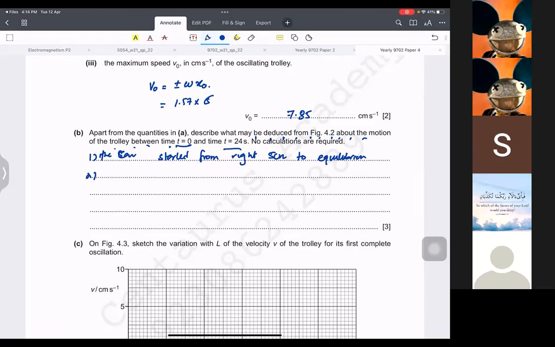Then you could say that the equilibrium is 20 centimeter. And then you could also say that after 12 seconds, light damping was shown. Is it clear?